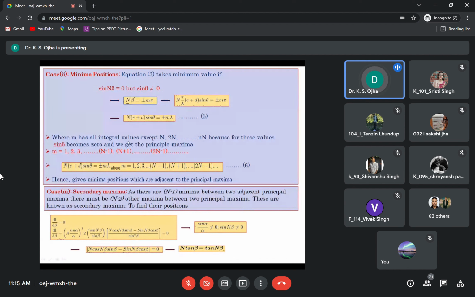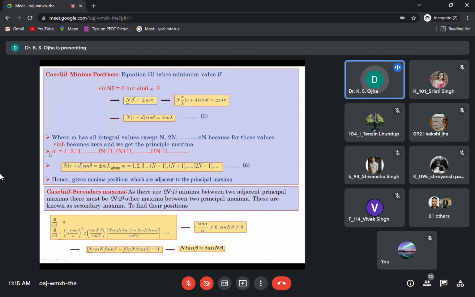So we will not consider the values m equal to 0, n, 2n, up to nn, because these give the positions of the zero order, first order, second order, nth order principal maxima.